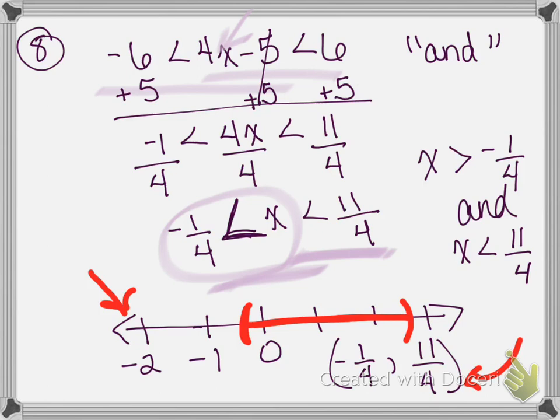A lot of times students will have the 11 over 4 and the negative 1/4 reversed. And that is incorrect because it's not in order from least to greatest. Interval notation always follows the number line from left to right. So you're going to have your smaller numbers first. Okay? Can I go to the next one?